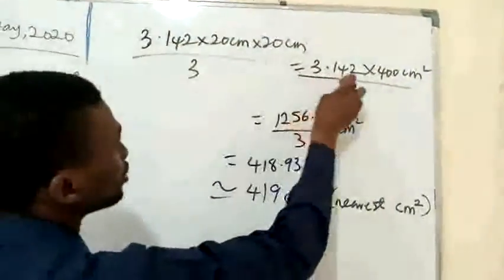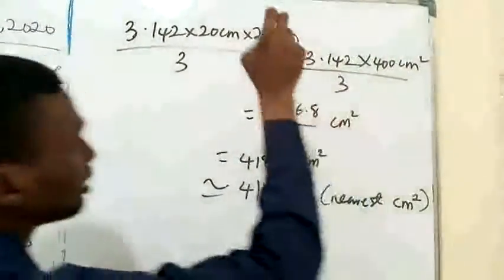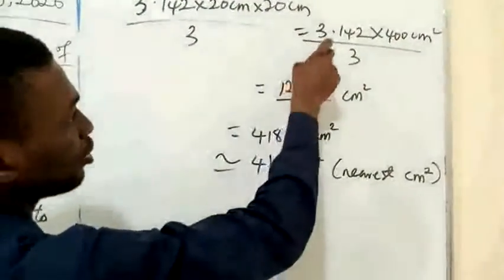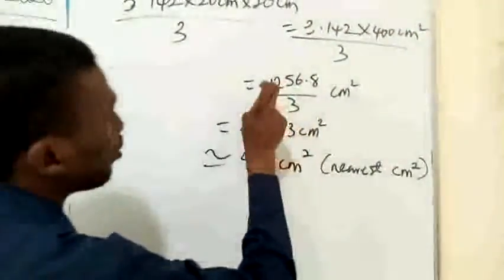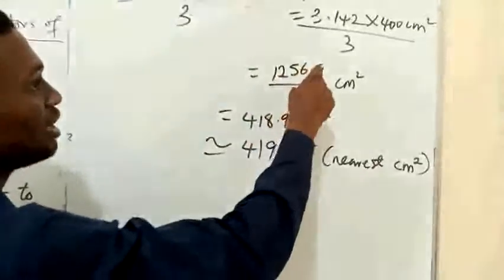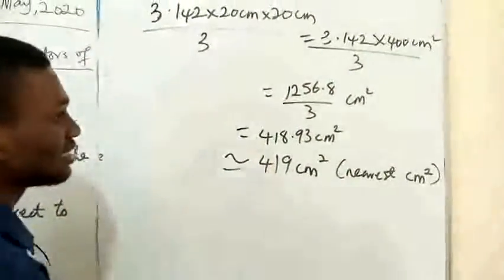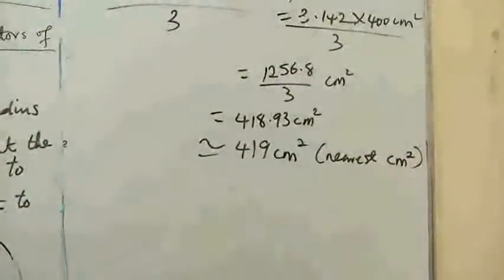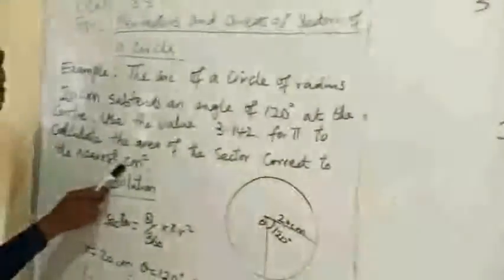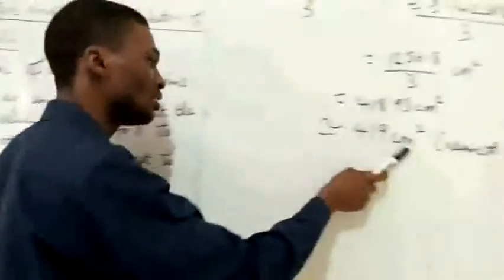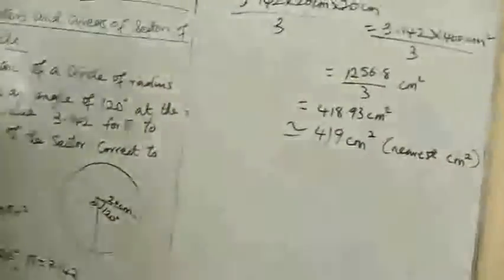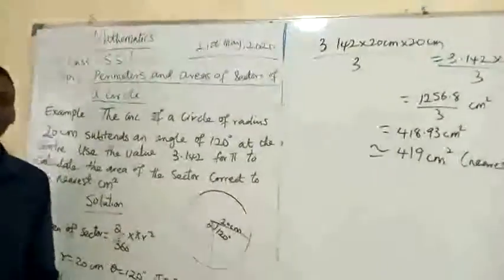So 3.142 times 400 all over 3. Using our calculator, we get 1256.8 all over 3. We divide to get 418.93 cm square. The question says correct to the nearest cm square, so we round to the nearest whole number, and that will give us 419 cm square.